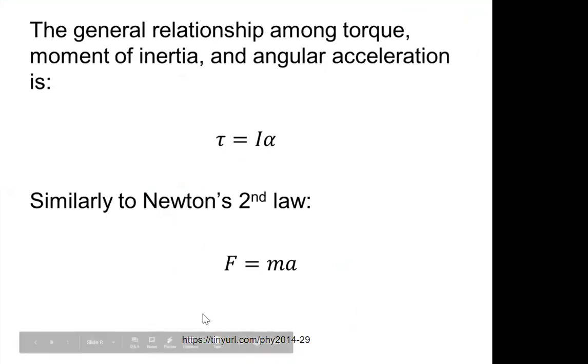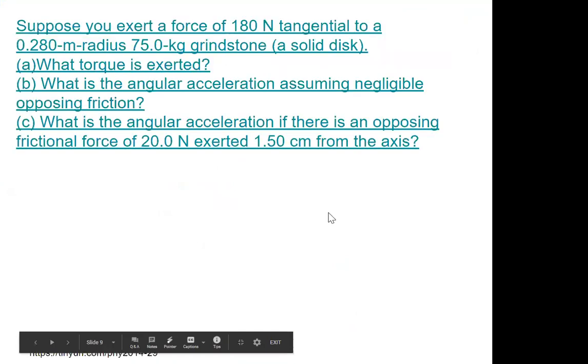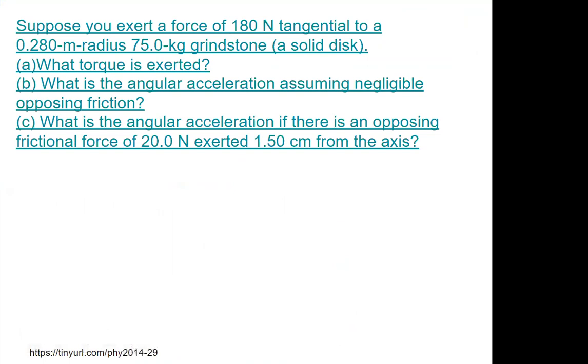All right, so let's take a look at the first example of the day here. It says, suppose you exert a force of 180 newtons tangential to a point 0.280 meters from the axis, on a 75.0 kilogram grindstone. You consider it as a solid disk.